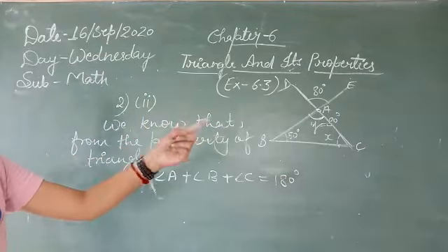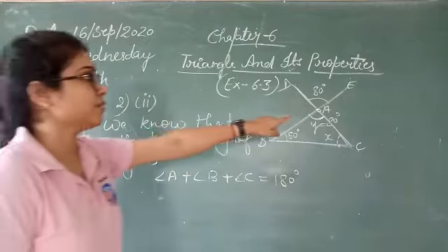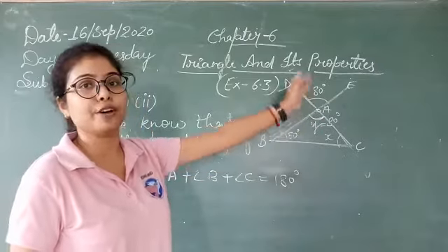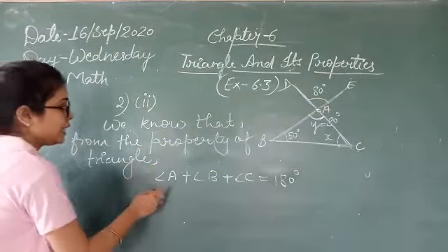Now we will put the value of angle A, B and C here. What is the value of angle A here? You can see angle A is equal to y and y is equal to 80 degree. So we will write 80 degree here.